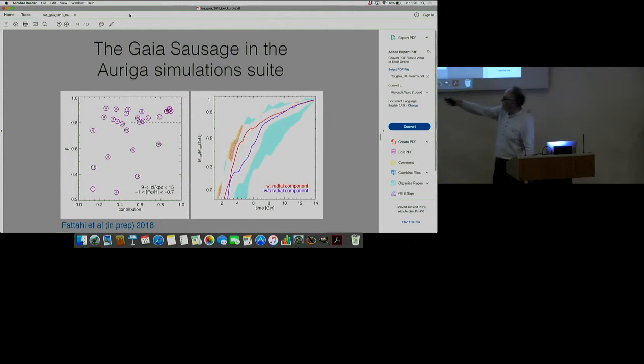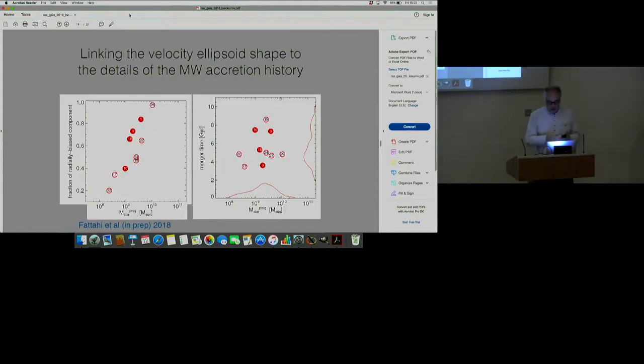And you see the pink splodge suffered a large accretion event about 2 or 3 gigayears after the Big Bang. So this is consistent with the picture that the radial component was made by a very early accretion event.